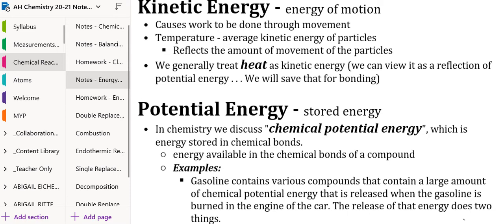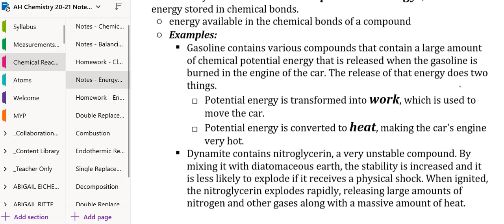Kinetic? Good. The potential energy in gasoline that's stored, some of it is changed or transformed into work. That's what moves the car along. Useful energy in the form of work.